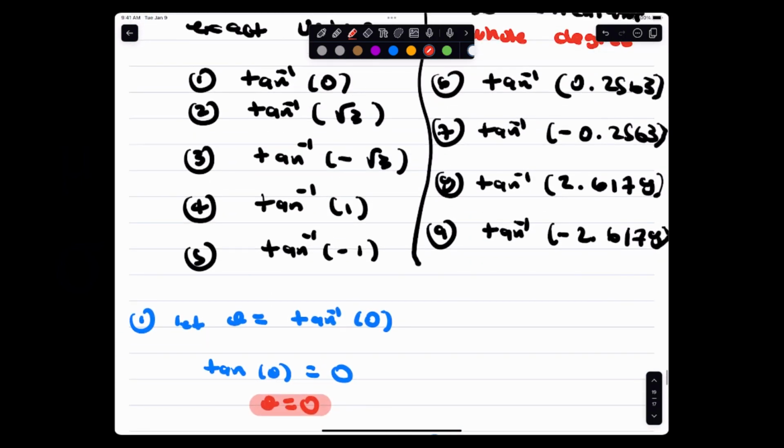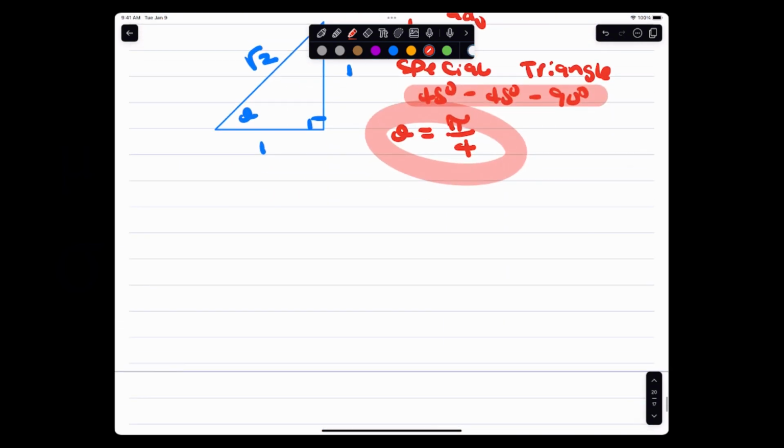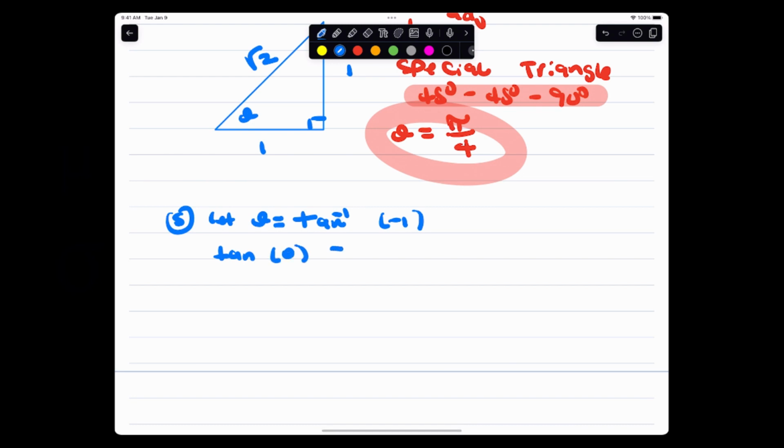Okay, what's number 5? Inverse tangent of -1. You guys might be able to figure that one out. You're going to let theta be that, which means tangent theta is what? -1.